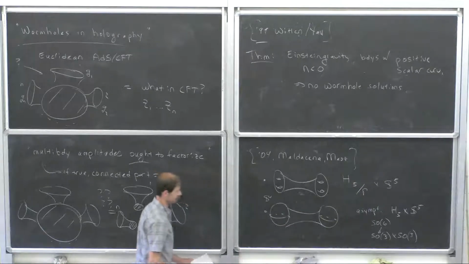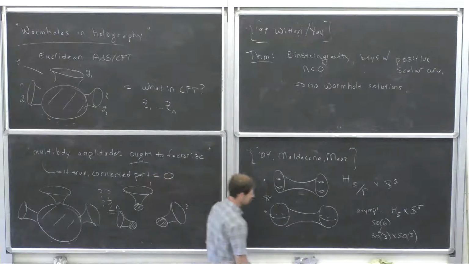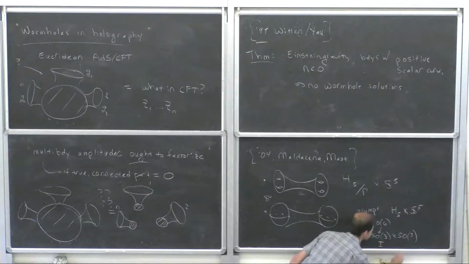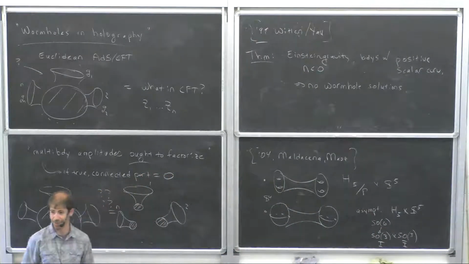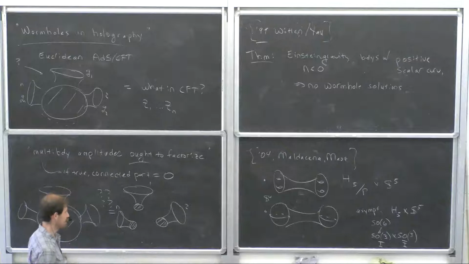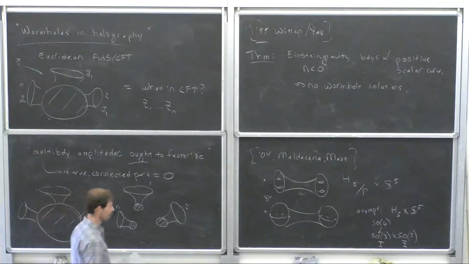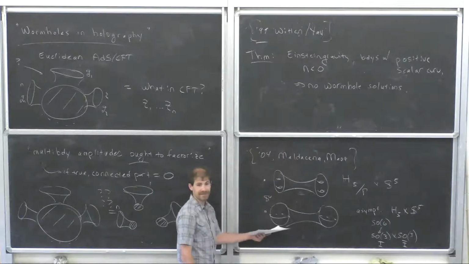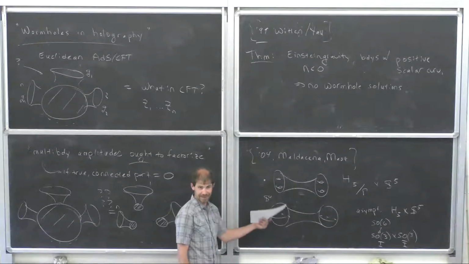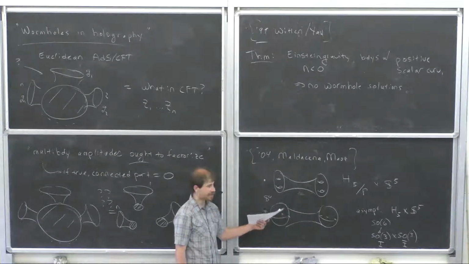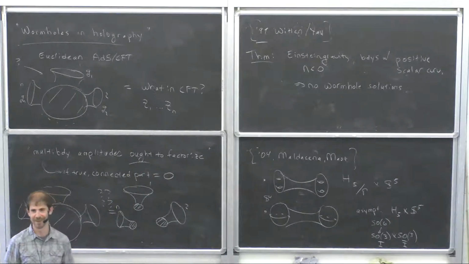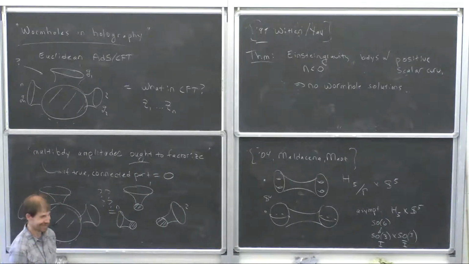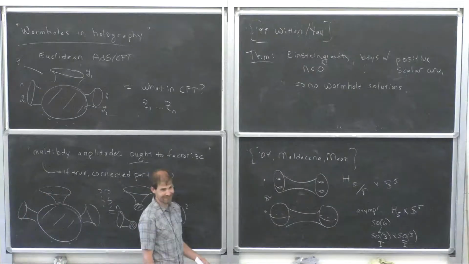The gauge background that supports this wormhole looks like an instanton in the first factor and an anti-instanton in the second on S4, at a particular point in instanton moduli space where the whole configuration is SO5 symmetric, where the SO5 rotates the boundary sphere. This is not the sort of thing you just casually think about when you go back to your apartment at night. This is a very non-trivial solution.